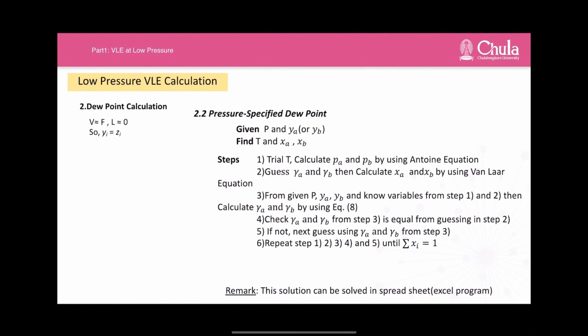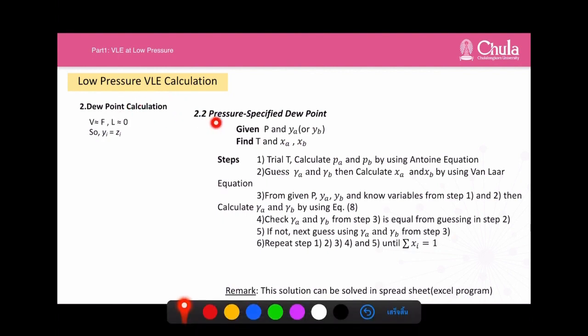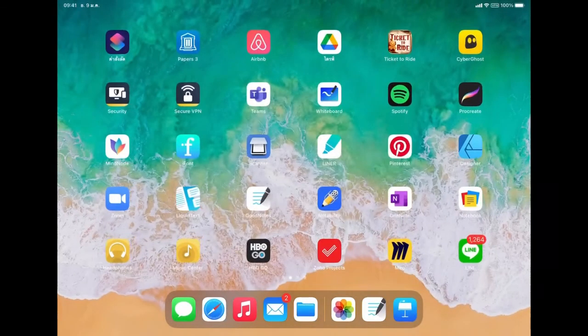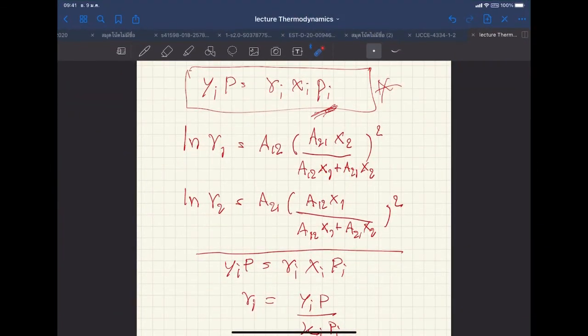And the next one is dew point calculation, but this time pressure-specified dew point. For pressure-specified dew point, we know P, right? And because it's dew point, we start from the vapor phase, so we know yi already. What we don't know are temperature, right? Temperature is an explicit function here of Pi, and we don't know xi.